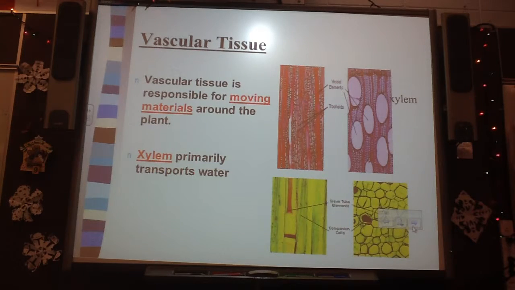Xylem is a type of vascular tissue, and it transports water. Phloem primarily transports sugar. The way I remember it is X in the xylem is closer to W in the alphabet.